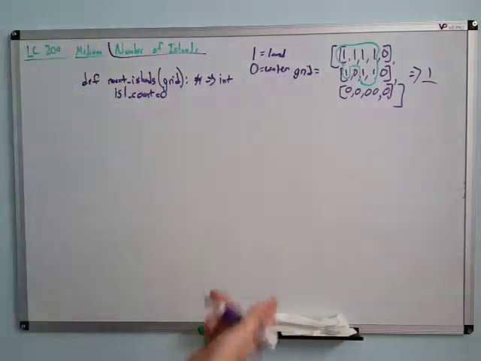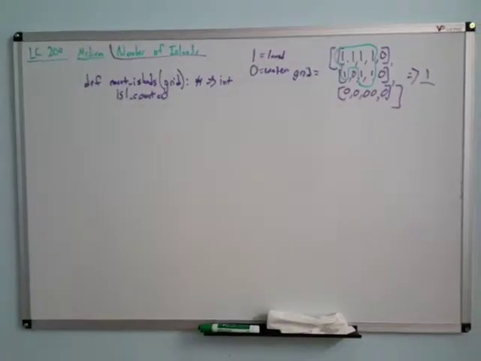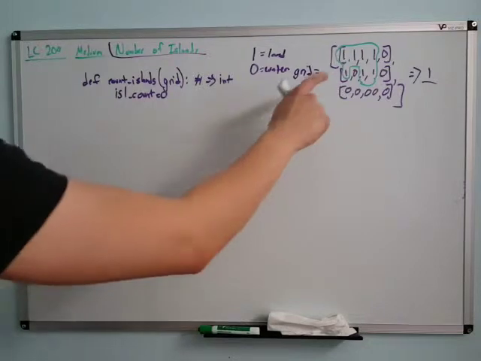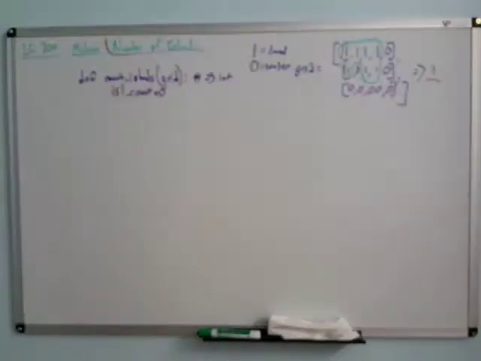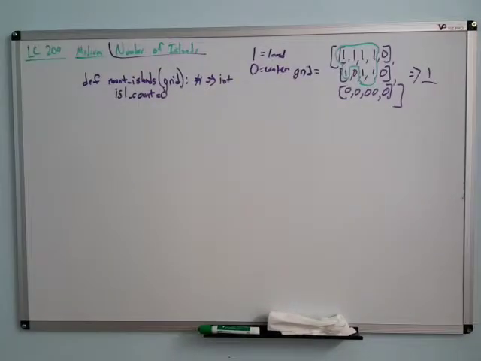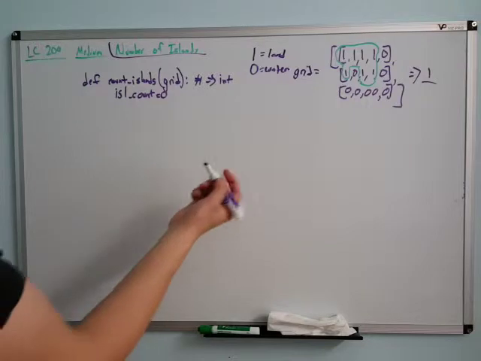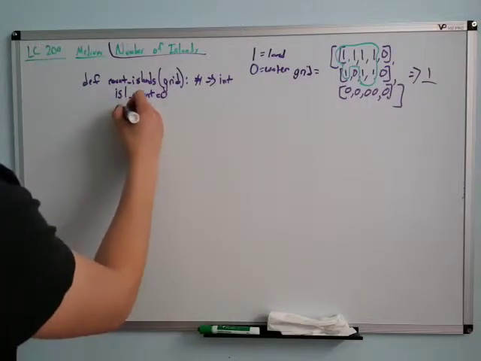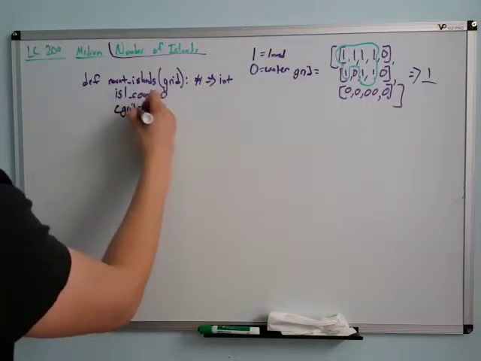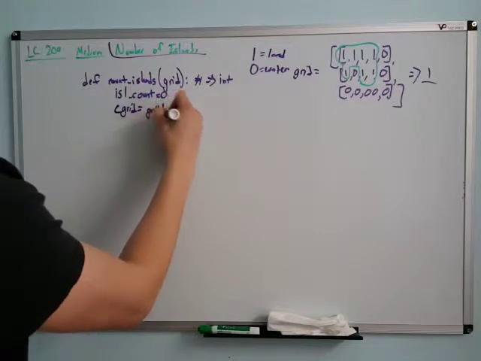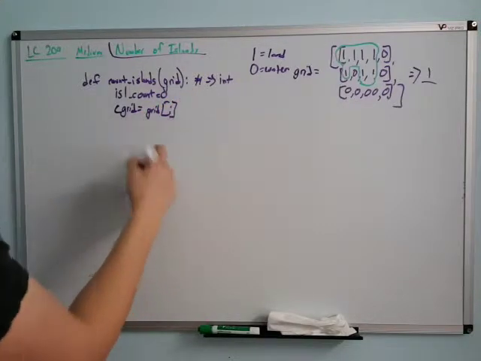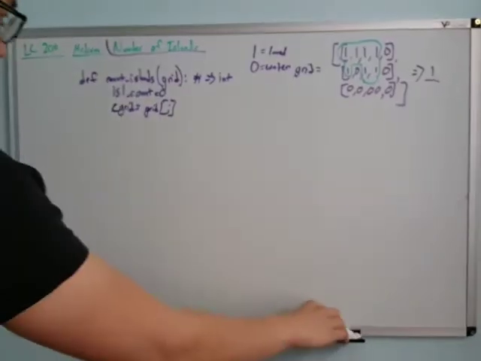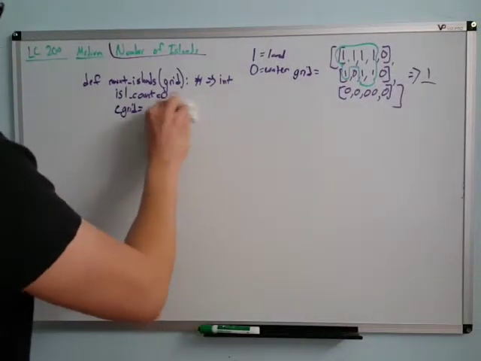If they say you can't modify the grid, then you can copy the grid into another variable, but you'd have to do a shallow copy, I believe. In Python, you could do cgrid, which is copy grid, equal to grid, with the syntax to make that shallow copy. But we're not going to do that.